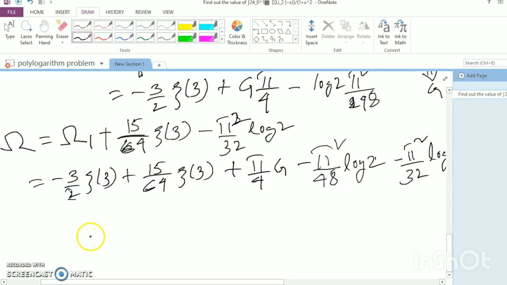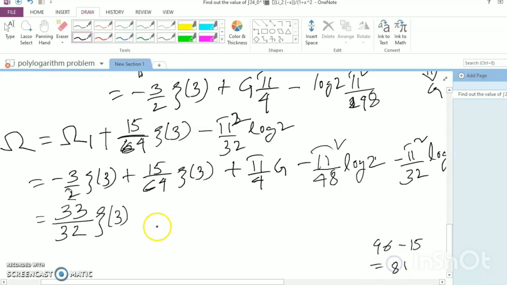This value is 33 divided by 32 zeta 3, because 96 minus 15 is 81. Okay, 81, the 33 minus zeta, 33 divided by 32 zeta 3.